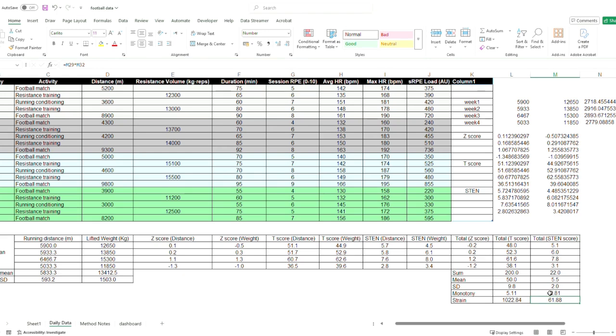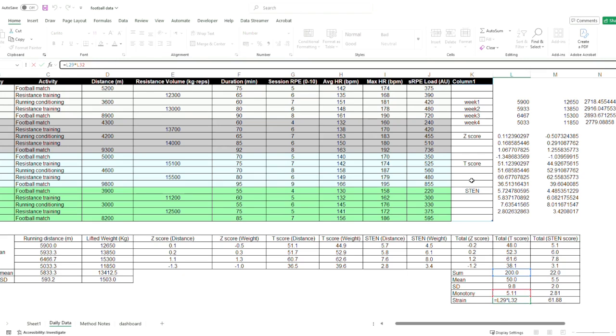Then we calculate the month standard scores through calculating mean, sum and standard deviations of all week's data.